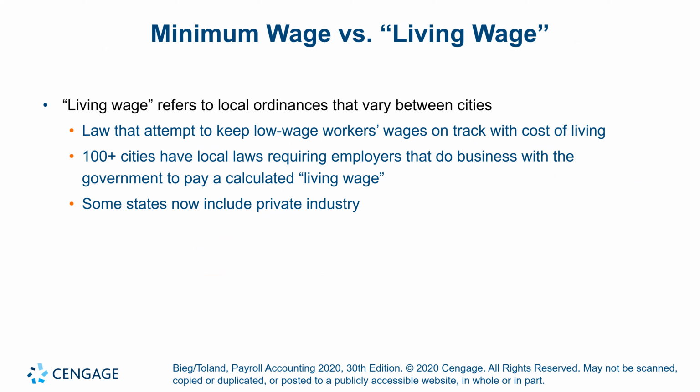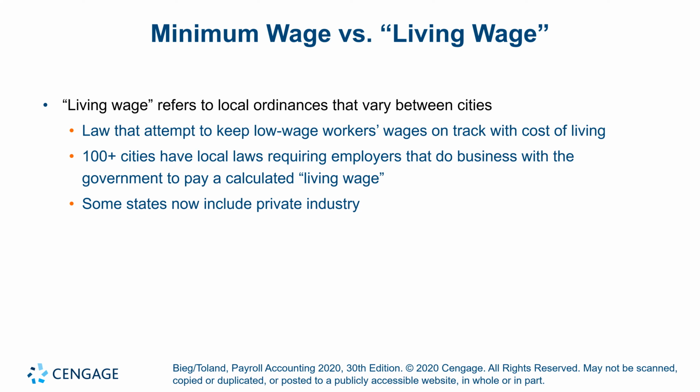All right, minimum wage versus living wage. This is talked about on page 2-6. The living wage is generally higher than the minimum wage, and it is based on the cost of living in that area or city.